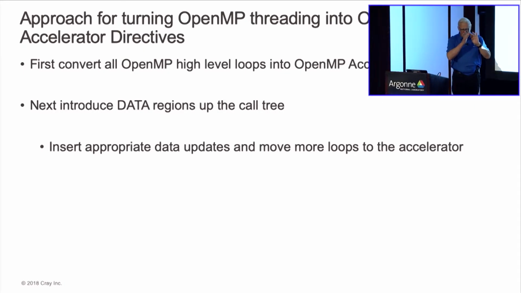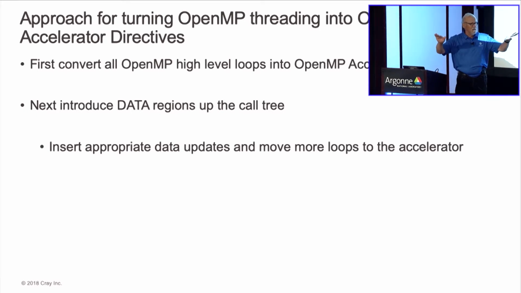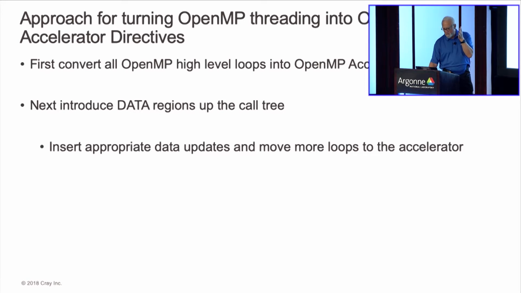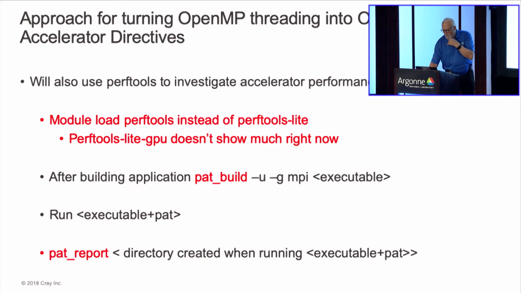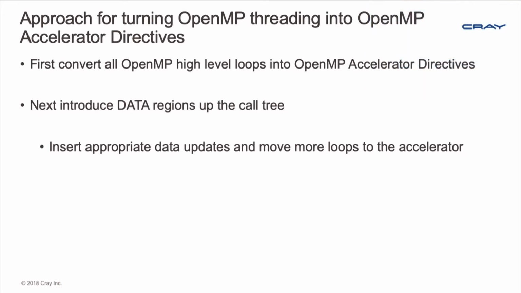All right? So what I did is I converted all of the OpenMP to the Reveal target directives. Now what I need to do is take care of data movement. I want to introduce a target data directive outside of the time step loop. And where is that?